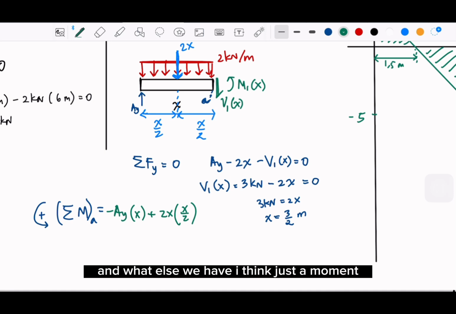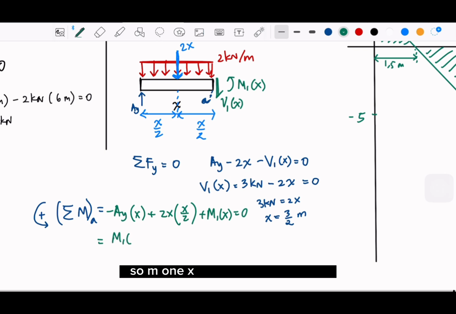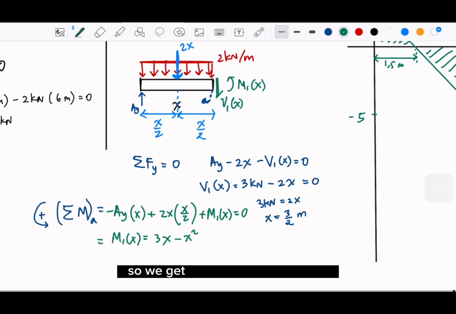I think just the moment, so plus M1. So this will be equal to 0. Okay, so M1 is equal to AY x. AY is 3, so we could take 3x over there, and then minus x squared. So we get the quadratic equation.